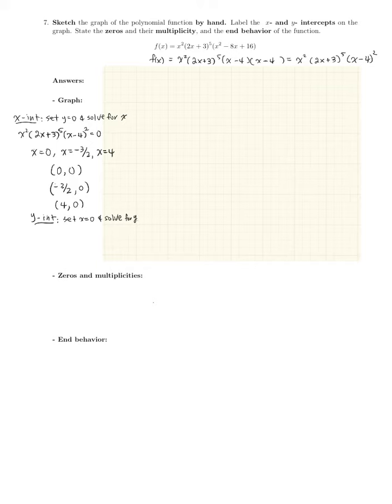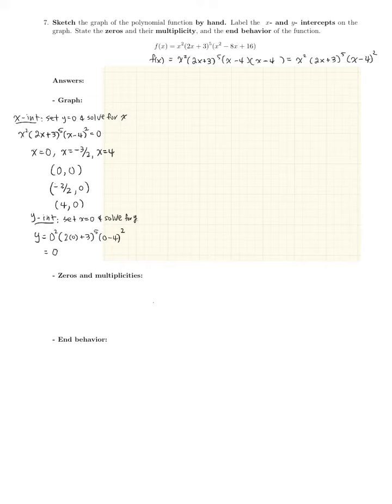If I do that, you get y equals 0 squared times (2 times 0 plus 3) to the 5th, and then (0 minus 4) squared. Oh look, this is just going to be 0. Do you see why?